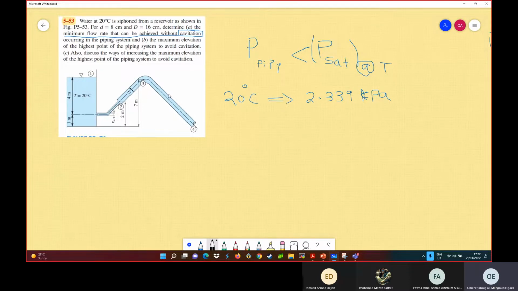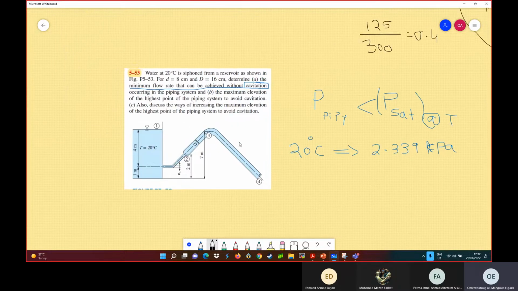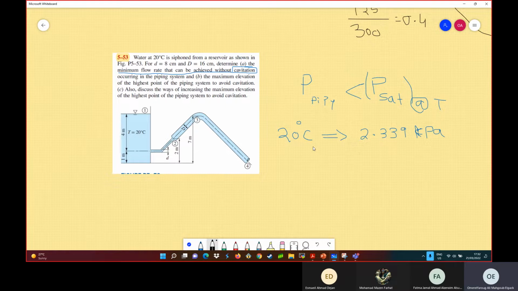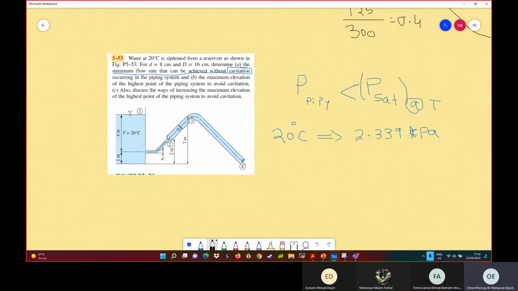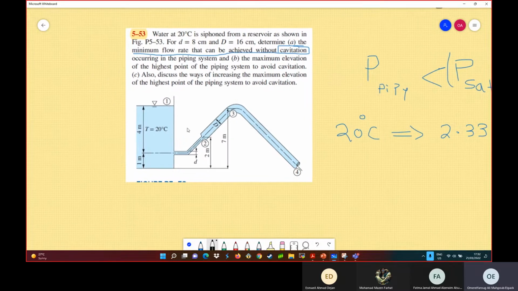So anyhow, let's just start solving the question. In order to solve this question, I need to determine first where cavitation will most probably occur in this piping system. Cavitation is simply when the pressure drops very sharply. So here we can draw a rough graph of the pressure distribution.